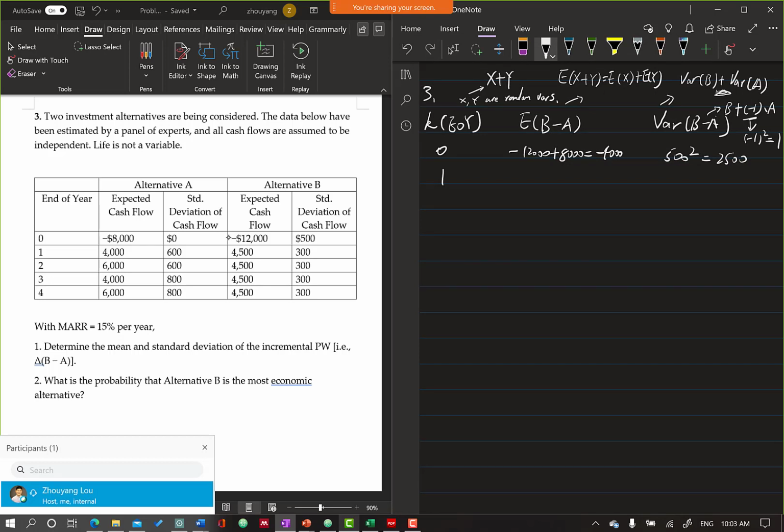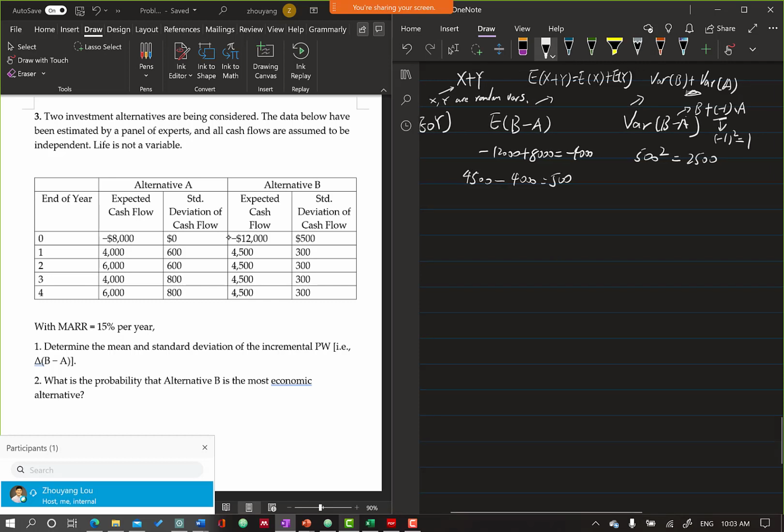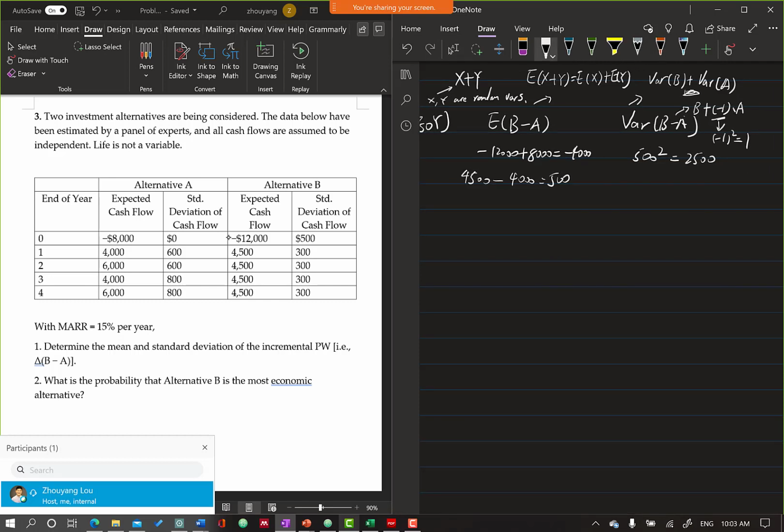We just do the subtraction, subtract A from B, so 4,500 minus 4,000, which is 500, and the variance is basically the summation of the squares of the standard deviations of both alternatives.